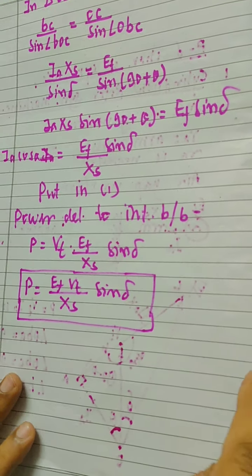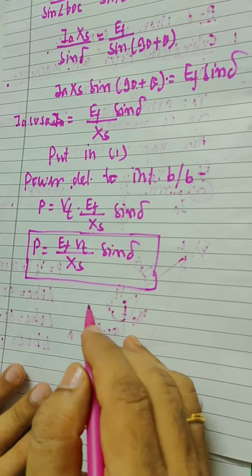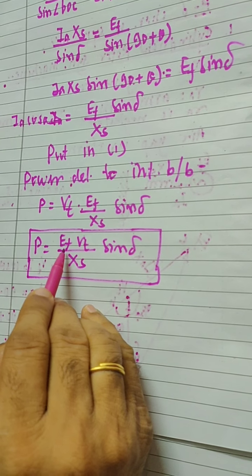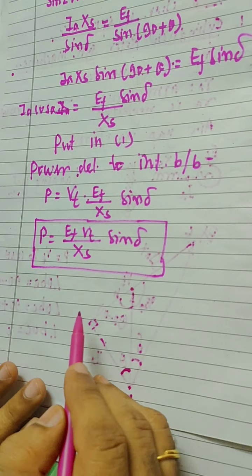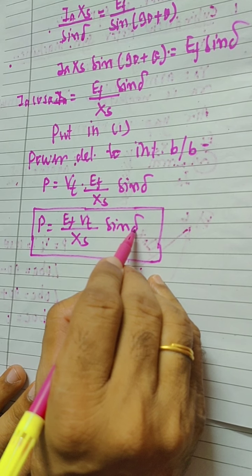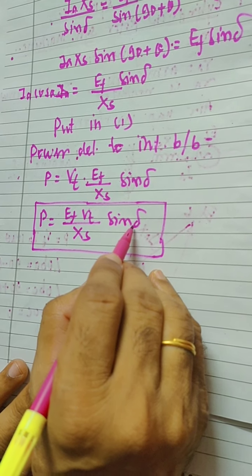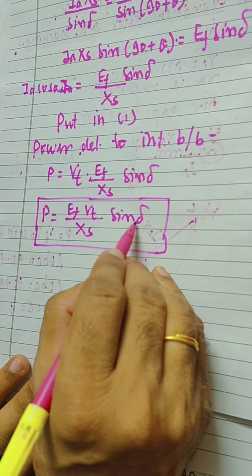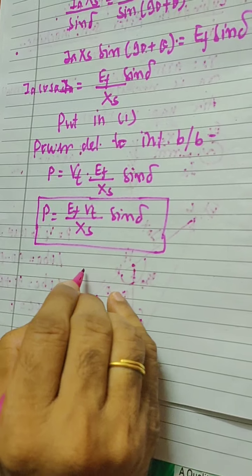Now from this, the characteristics are plotted. Ef, Vt and Xs are constant and delta is varied. When the load angle delta is 0, sine 0 is 0, so P is 0.